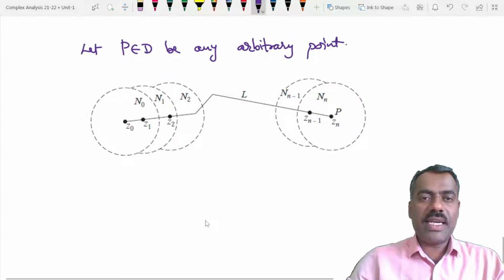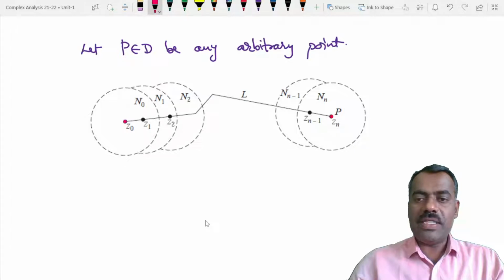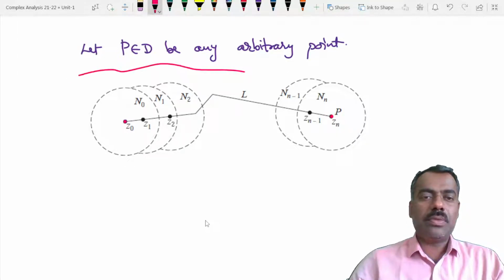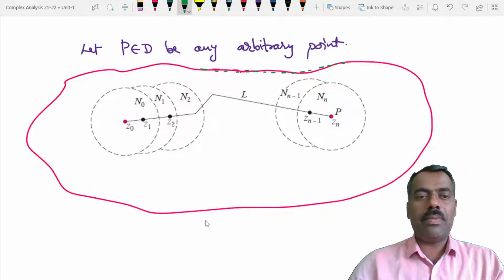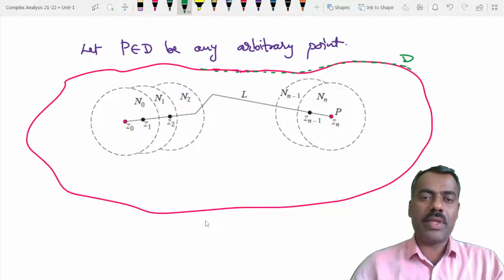This is the z naught, and here we have our p, which is an arbitrary point. Suppose this is our given domain D. When you write the domain, make sure we use dotted lines, meaning the boundary is not included.